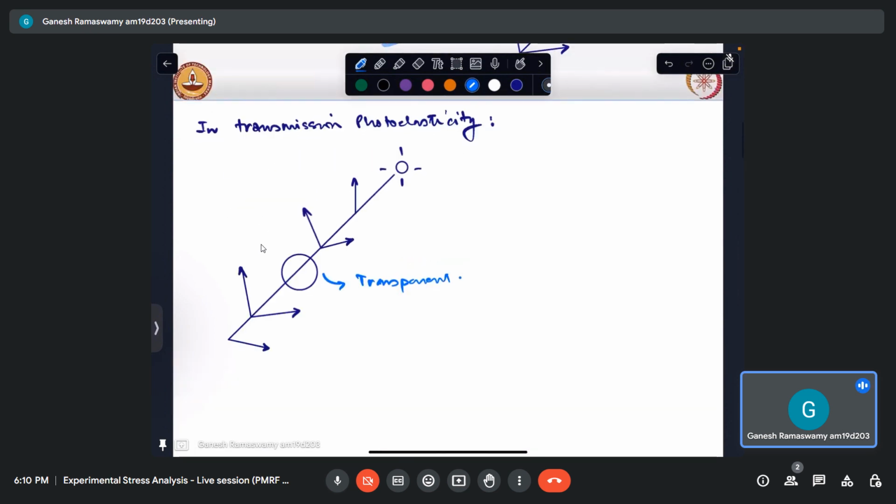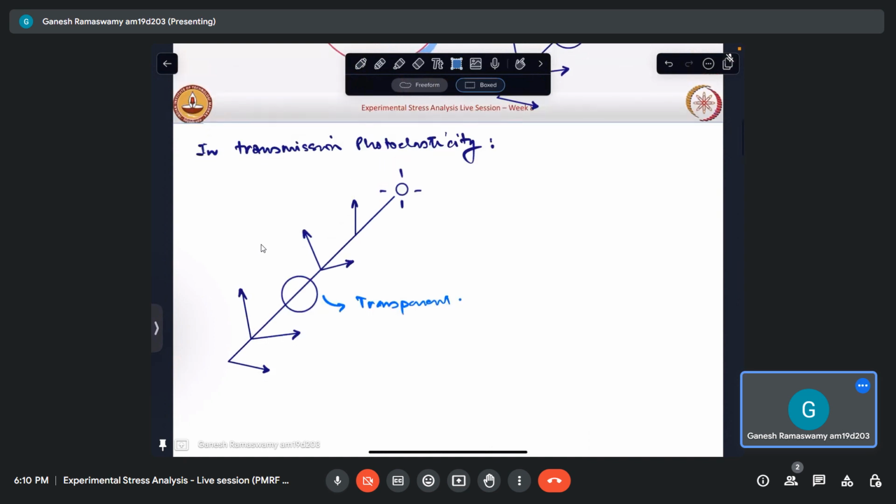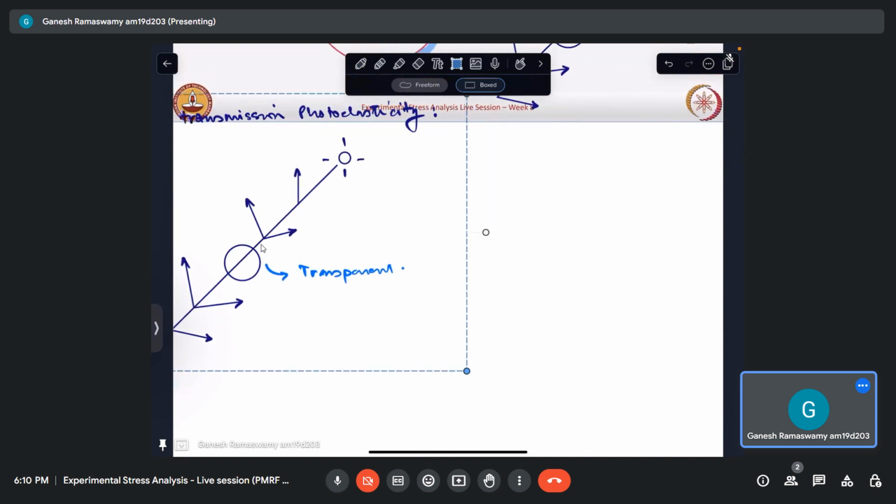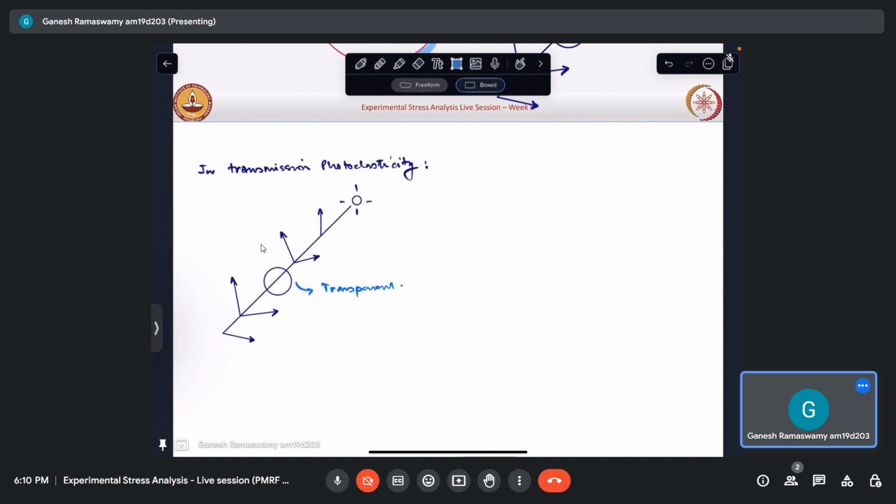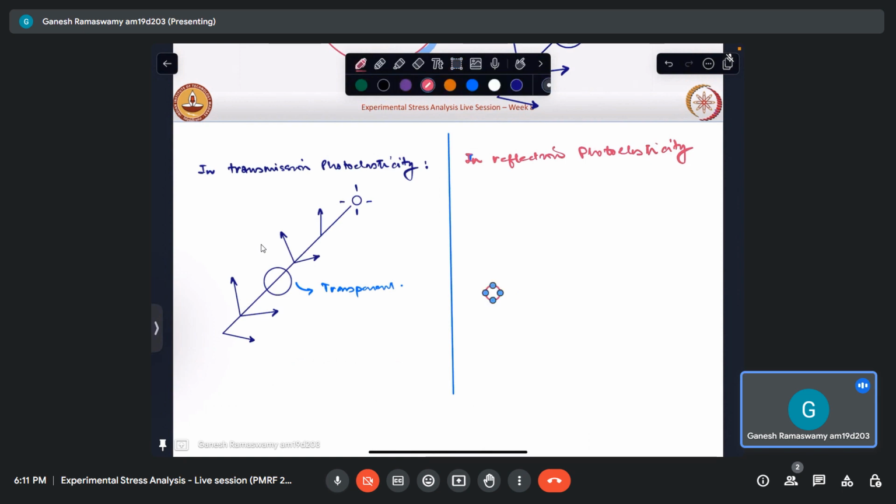However, in the case of reflection photoelasticity, what I'll do, I'll just reduce the size of this. In the case of reflection photoelasticity, we basically try to have the light source here, have the elements like that.